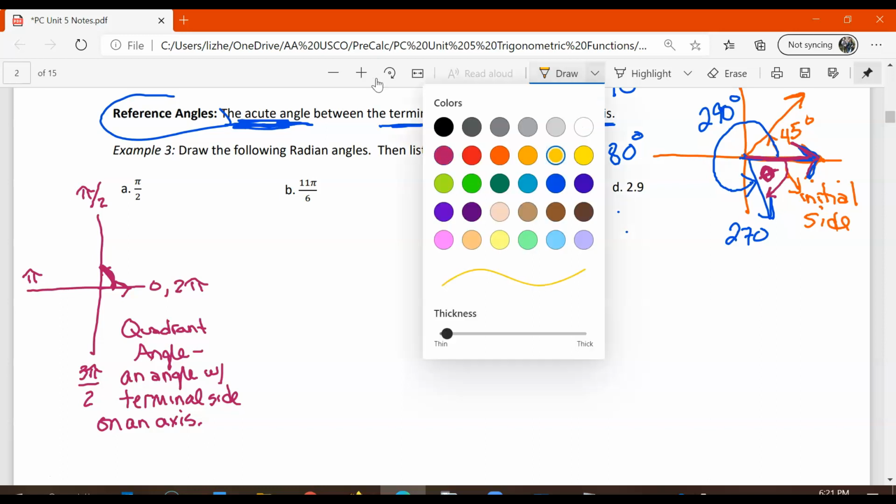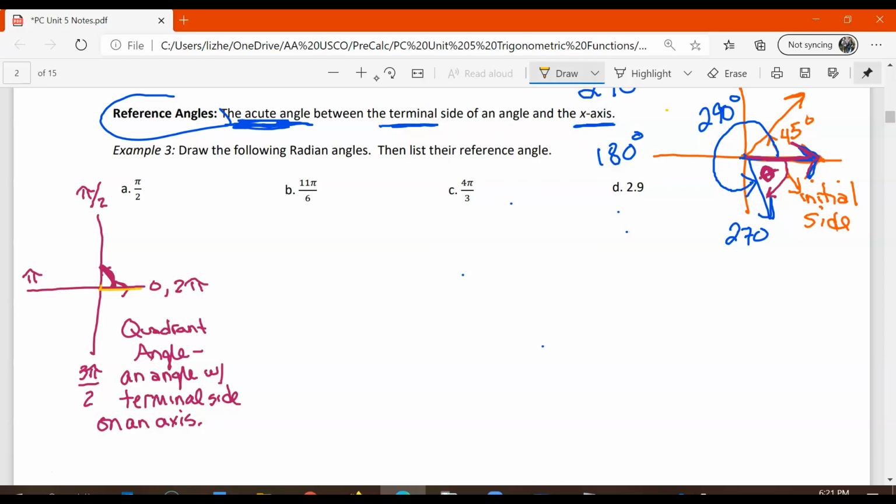Technically our quadrant angle here is here and there. Now remember, for a reference angle, it has to be an acute angle. That means it has to be less than 90 degrees. Well, there is no reference angle here. So quadrant angles have no reference angles. So make sure you take note of that, okay?